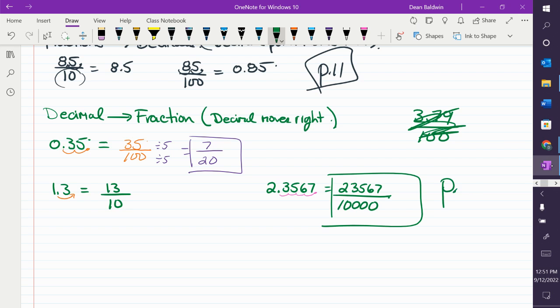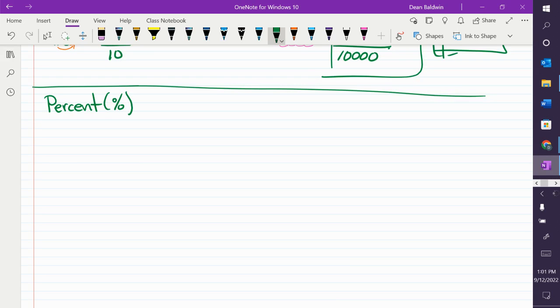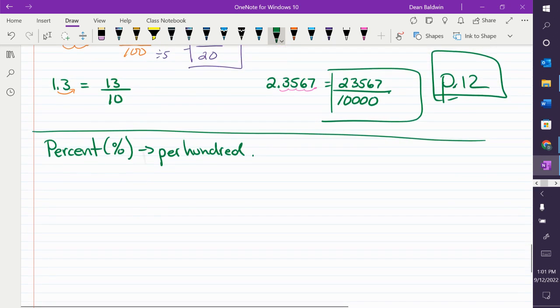Page 12, please. The next page. What does percent mean? Out of 100, per 100. That's all it means. So we're going to go through a couple of different things.